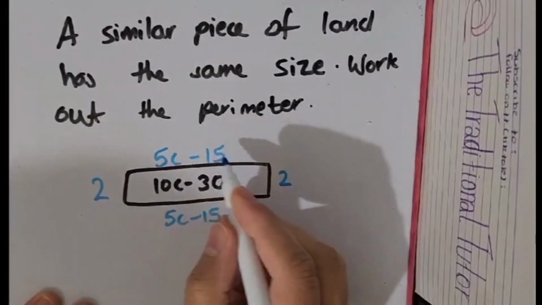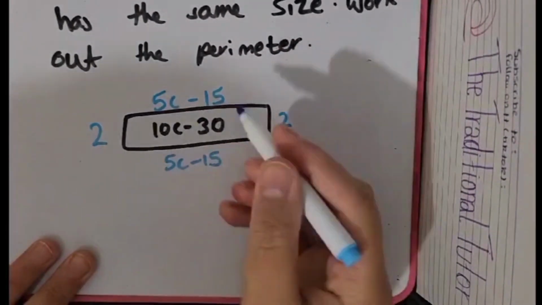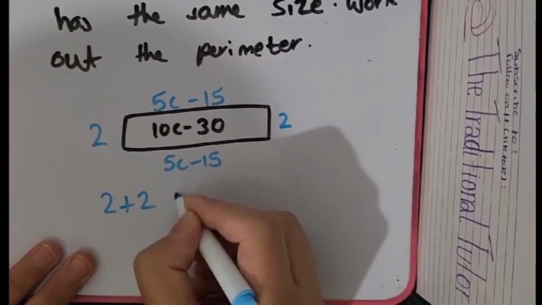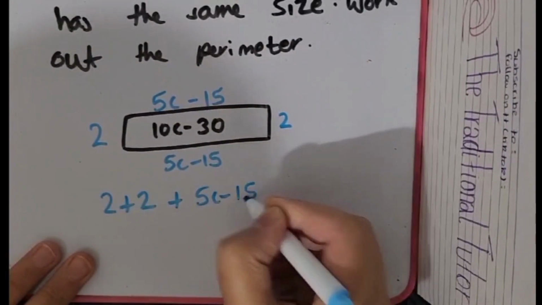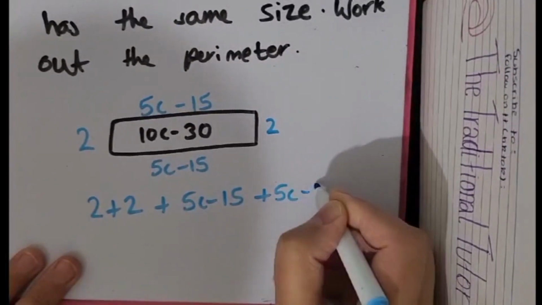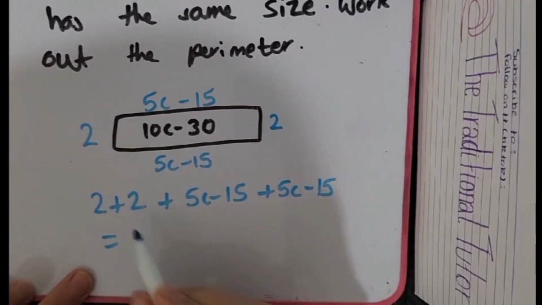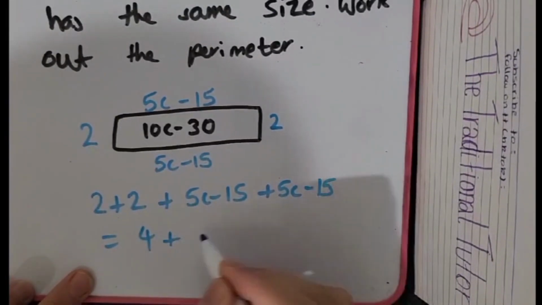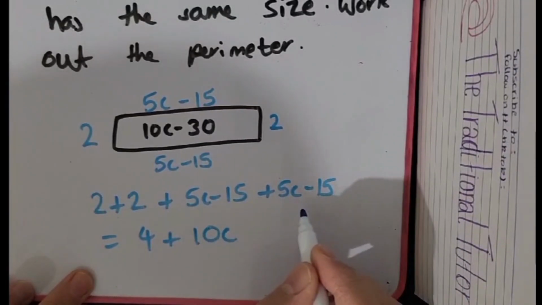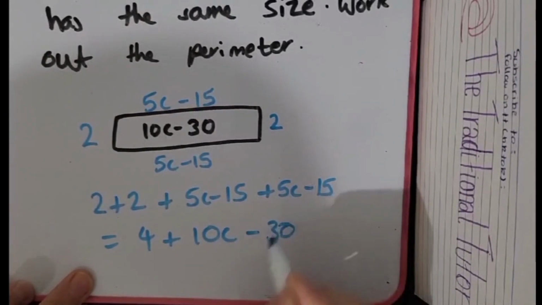And then the question is actually asking me to work out the perimeter. So the perimeter means I've just got to add all of my side lengths together, okay? So I'm just going to write down all my side lengths and add them together. So 2 plus 2 is 4, and then 5c plus 5c is 10c, and then the negative 15 minus 15 is negative 30.